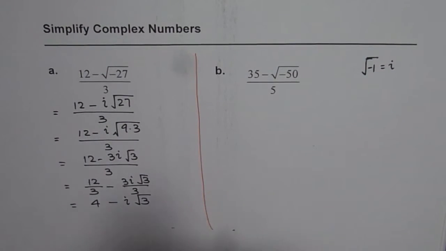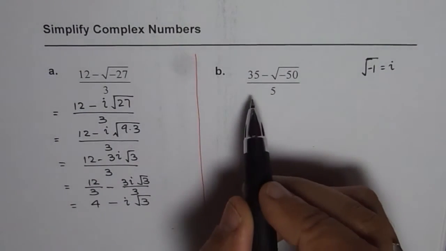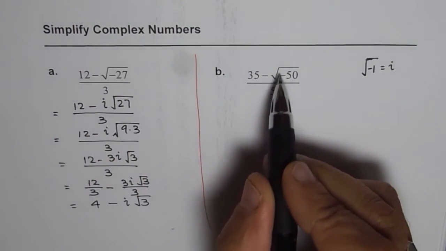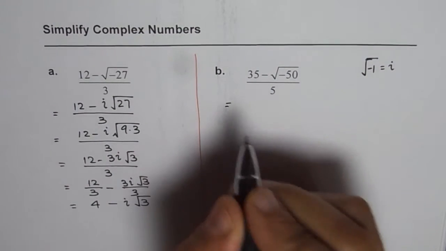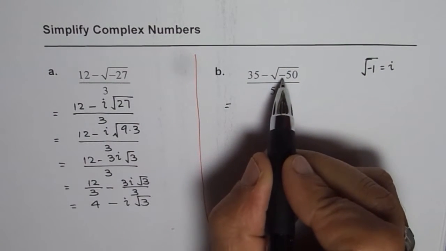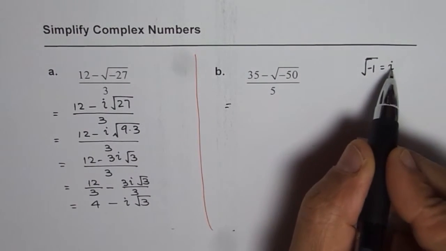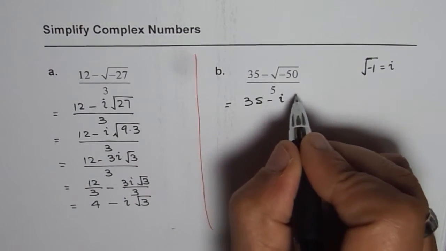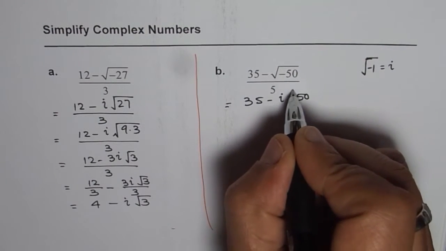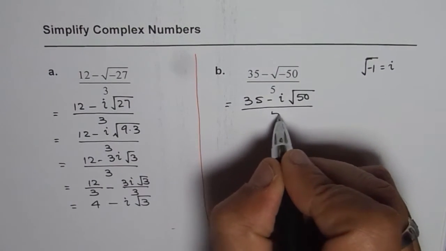Let's follow these steps and do the next one, which is (35 minus square root of minus 50) divided by 5. So the first step for us is to write down the square root of minus 1 as i. So we have 35 minus i square root 50 divided by 5.